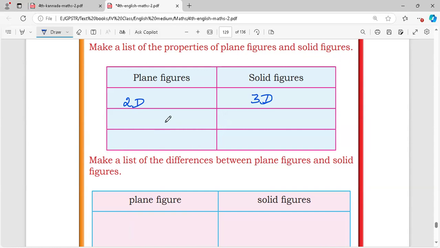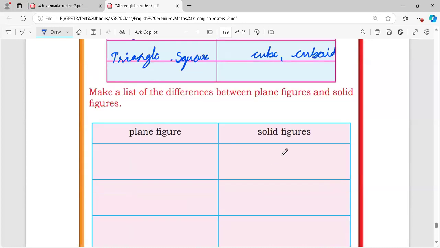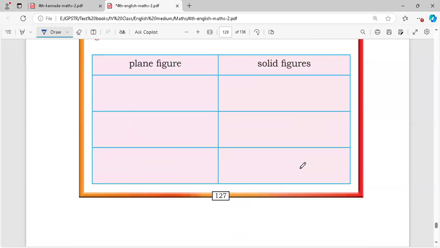Examples also a property: triangle, square, rectangle, etc. Cube and cuboid are examples for solids.